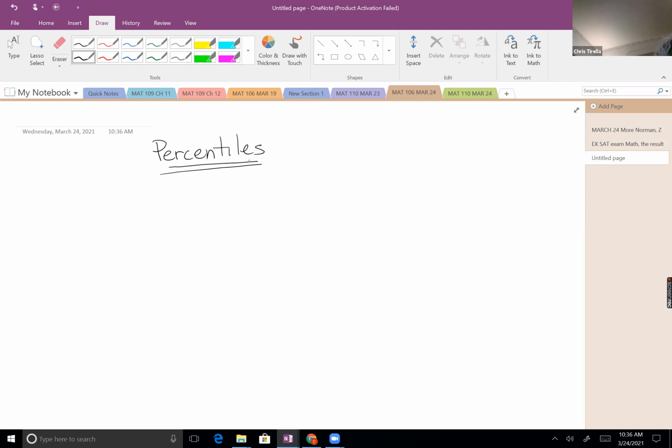A percentile is a little bit different than a percentage. When I talk about a percentile, we're saying the percent of the population at or below that score.